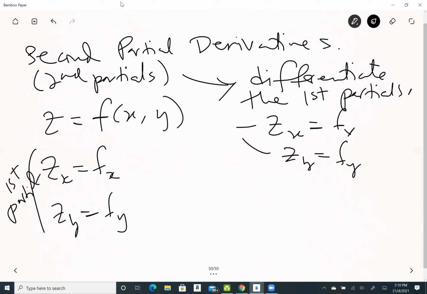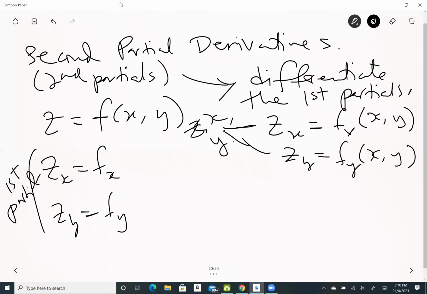Now fx and fy are functions of x and y, just like the father, which is z, is a function of x and y. So therefore, the partial derivatives are functions of x and y. Each of these we can differentiate with respect to x, and also with respect to y.